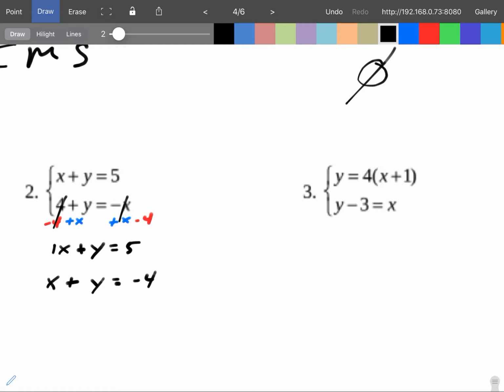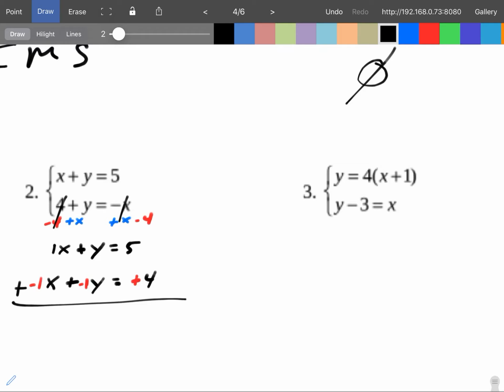So -1 times the 1x would give me a -1x. And then a -1 times the positive y would give me a -1y. And then a -1 times the -4 would give me a +4. And now I'm going to add the two equations together, because that's what we do in elimination.